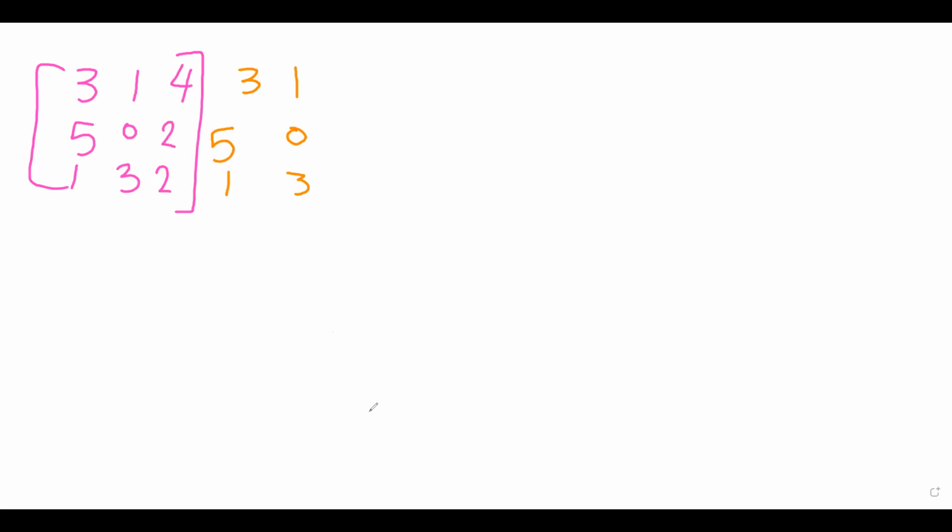Then bring the diagonals, starting like this. This is the first one: 3, 0, 2, 1, 2, 1, 4, 5, 3.